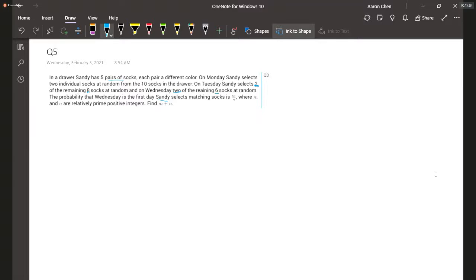So you can think of these pairs of socks as slots with dividers in between, a total of 6 of them. And so you want to find the chance that these 2 don't match and these 2 match.